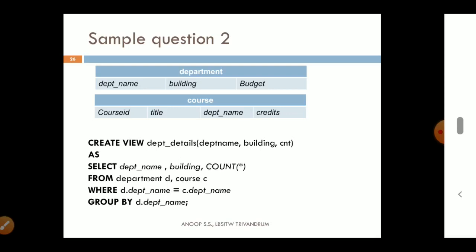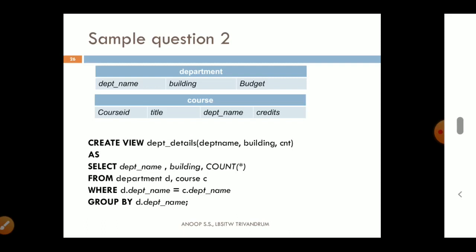So how will you write the select query, or how will you create the view? We can create a view as create view department details as a select query. In that select query we use the group by clause to group each department and use count star to count the number of courses in it. So the select query is select department name, building and count star from department D, course C, where D dot department name equals C dot department name, group by D dot department name.